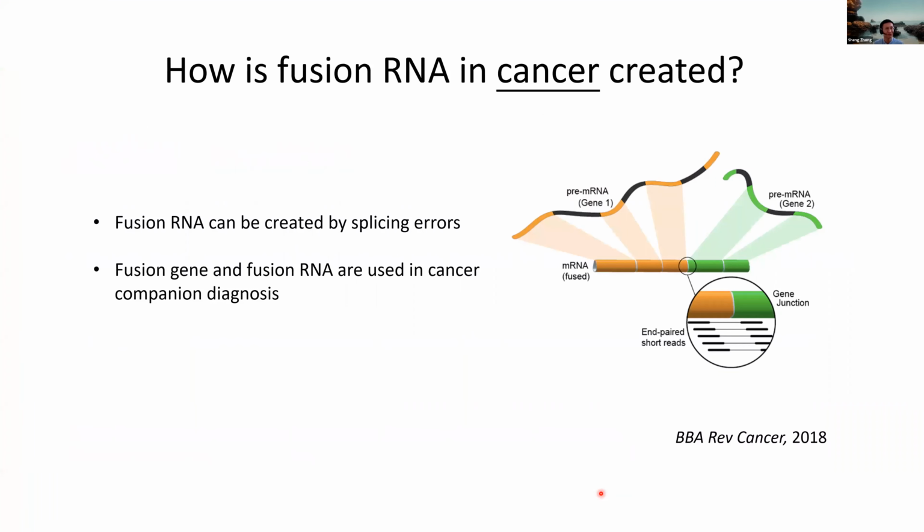And so with that, I wish to briefly mention the one other finding that is toward the question of how fusion RNA in cancer are created. So a fusion RNA is a chimeric RNA that came from two premature messenger RNAs.